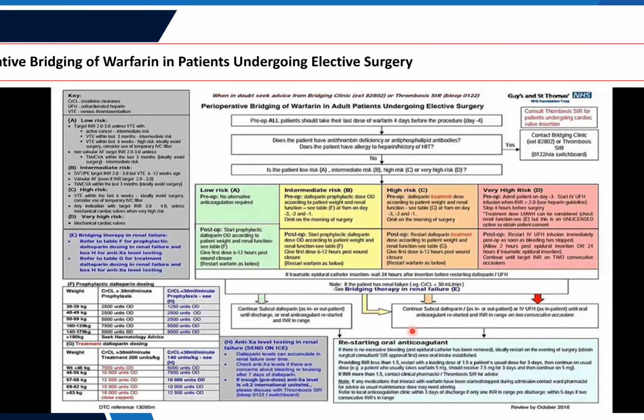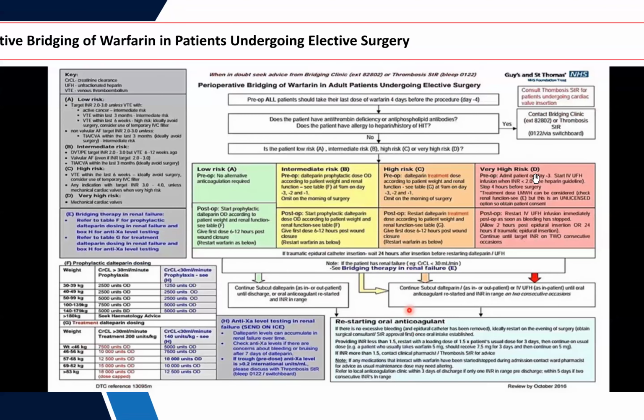Now, there are four charts here: green, yellow, orange, and red. In this red box, on the right hand side, that is very high risk. They will tell you what you should do and what the anticoagulant is, depending on the anticoagulant she's taking preoperatively. In this case, she's taking warfarin, right?